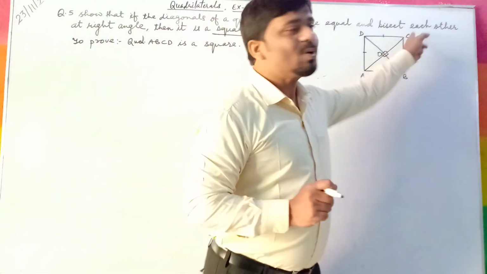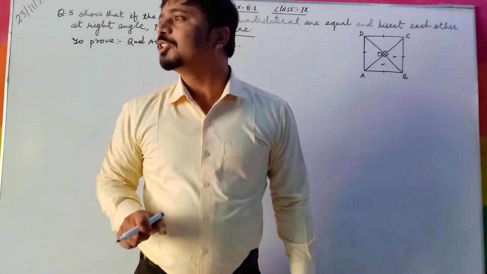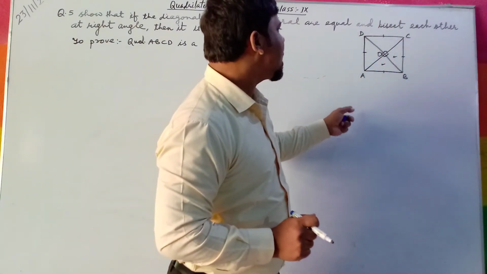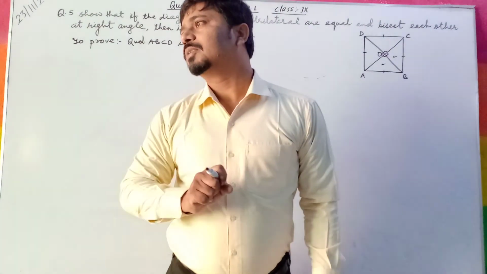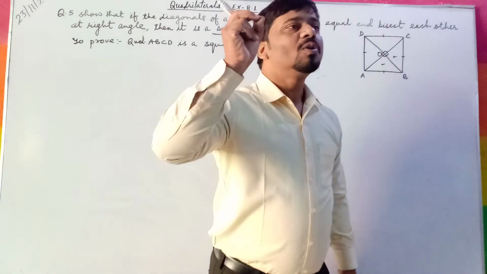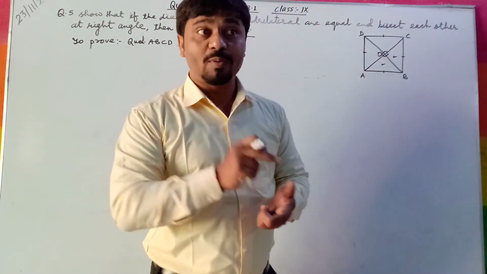Then AB equal to BC by CPCT. Similarly, BC equal to CD, CD equal to DA, and DA equal to AB. Hence AB equal to BC equal to CD equal to DA. All sides are equal. We proved this first.